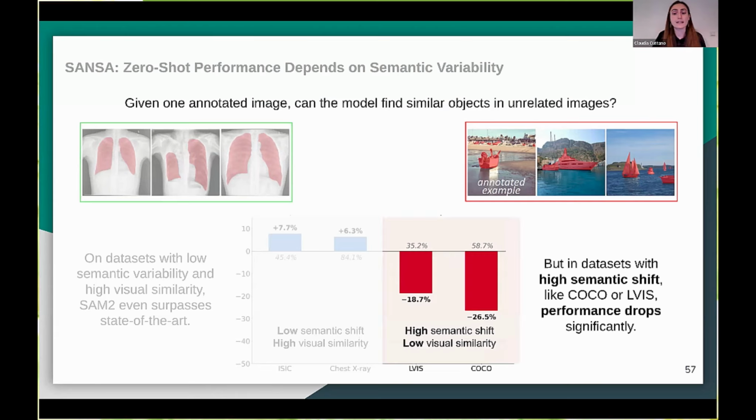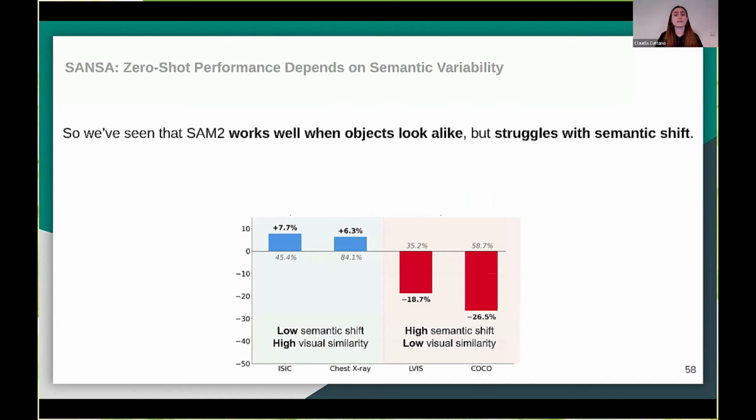And what we observe is that if we use segment anything 2 in zero shot, the performance drops significantly. So what we have seen is that SAM2 works really well when objects look alike. So for example, with lungs that are almost similar to each other. But this really struggles when we have high semantic shift. So for example, in the case of challenging dataset like Coco or Elvis.